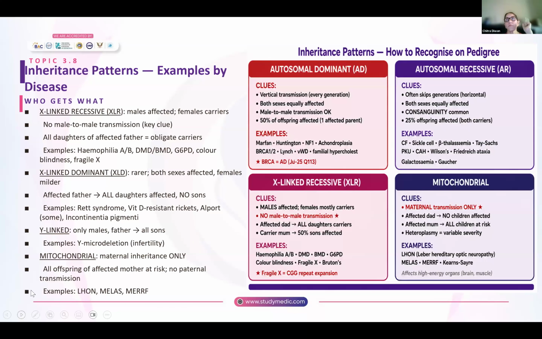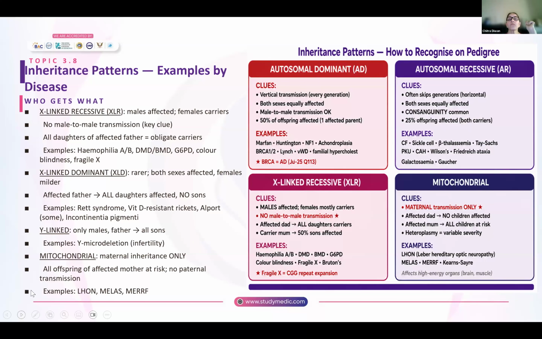So if there is any mitochondrial disturbance in the male, that is not transmitted to the offspring at all, because all mitochondria from the male at the time of fertilization are completely destroyed. So mitochondrial disturbances are only maternally inherited.